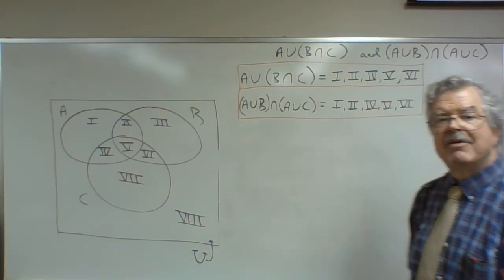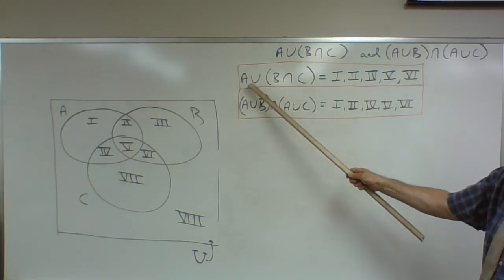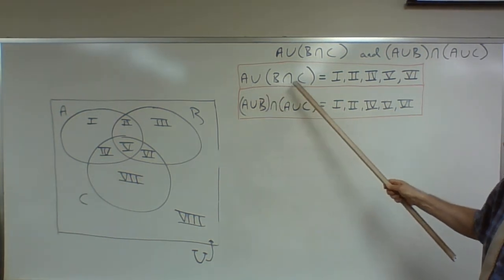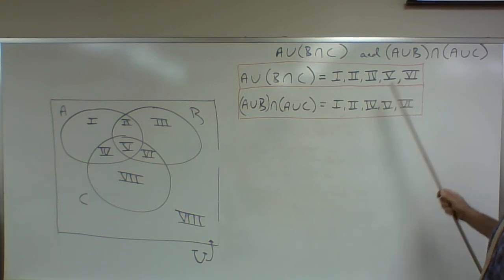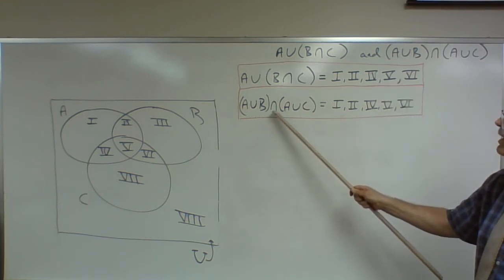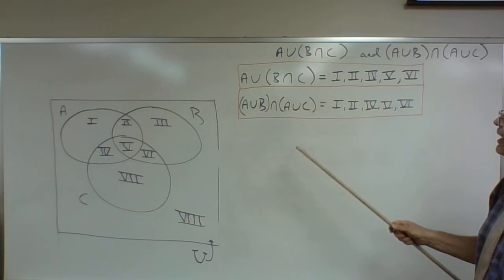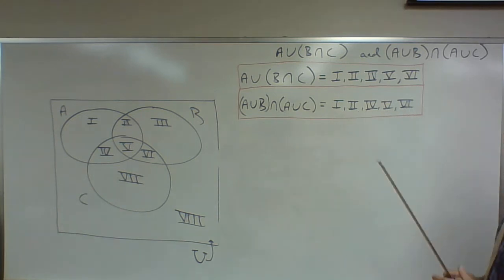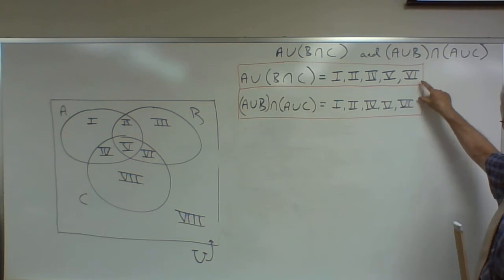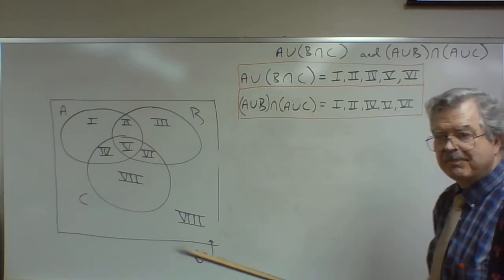Okay, let's check our results. A union B intersect C is regions 1, 2, 4, 5, 6. A union B intersect A union C contains regions 1, 2, 4, 5, 6. Exactly the same set of regions.